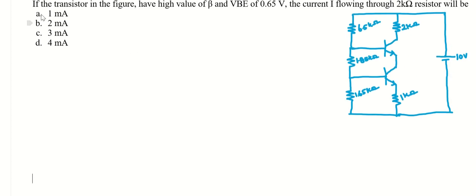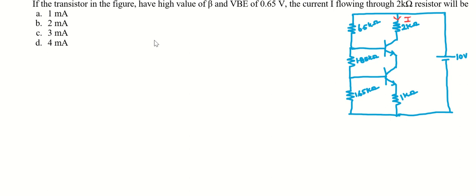The next question is: if the transistor in the given figure has a high value of beta and VB equal to 0.65 volt, the current flowing through the 2 kilo ohm resistor will be. Okay, we have to find the value of current flowing through this 2 kilo ohm resistor.